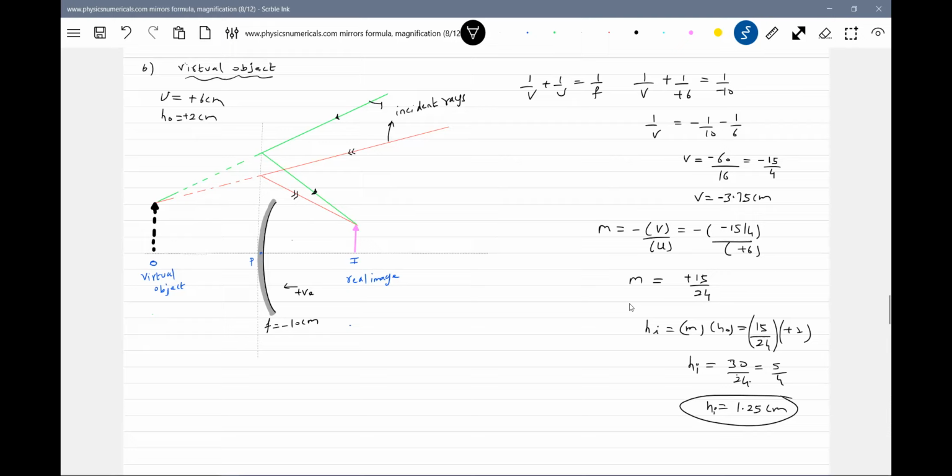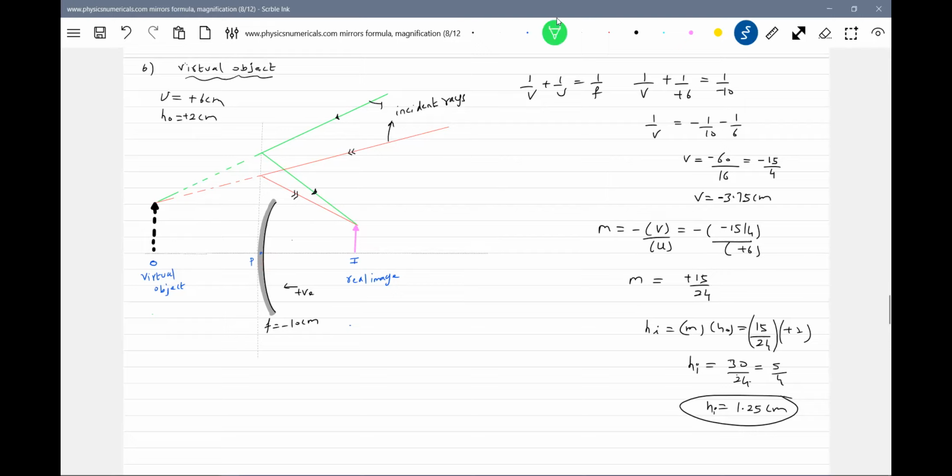What about this? Again, this image is formed by the converging reflected rays. Therefore, this should be a real image. So concave mirror for virtual object forms real, erect, diminished image. Where is the object? Object is virtual object. So what about the image?